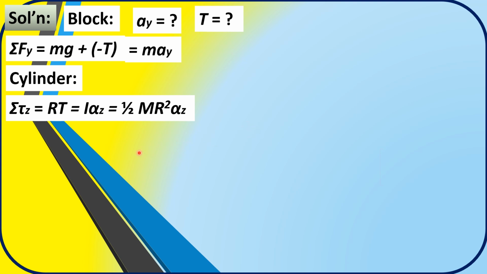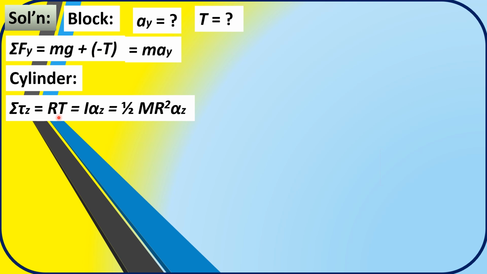Hence, they have no torque about that assumed axis of rotation. So it's only the torque due to the tension in the cable that we call the vector sum of the torque. Here, we label it a summation of torque along the z-axis. And that is equal to the lever arm.